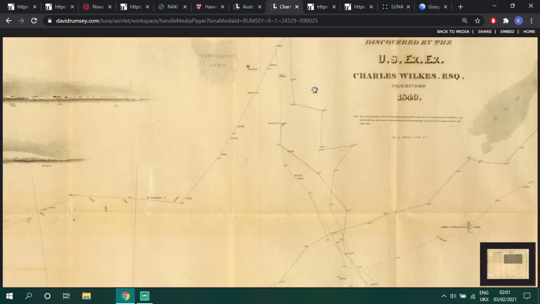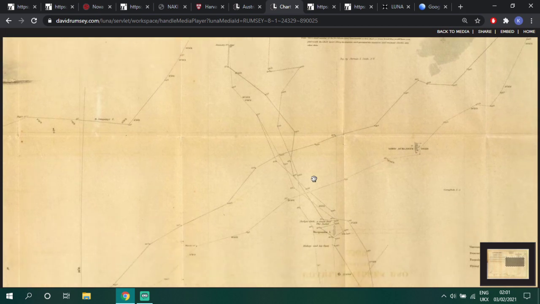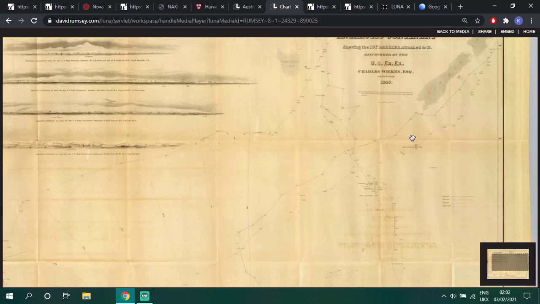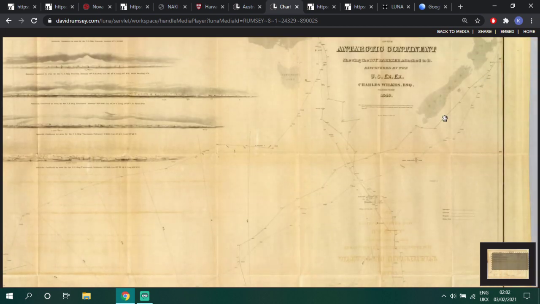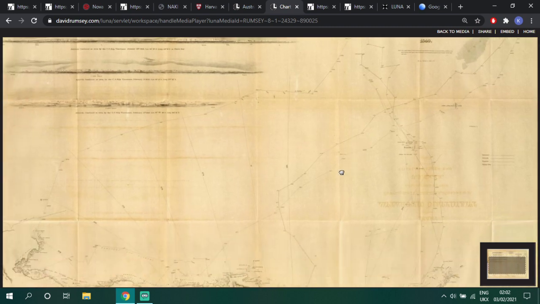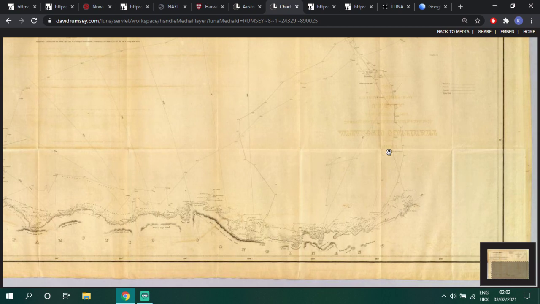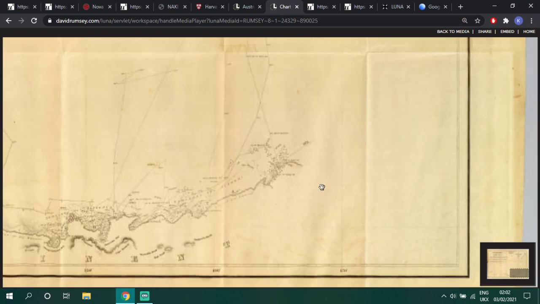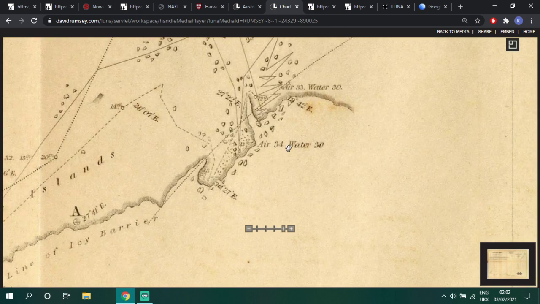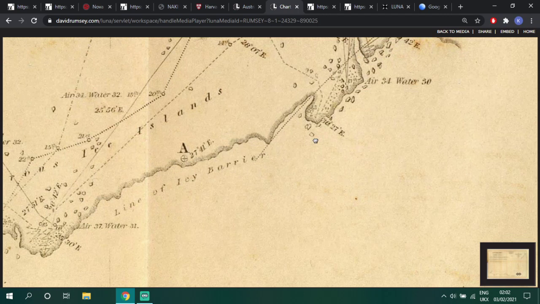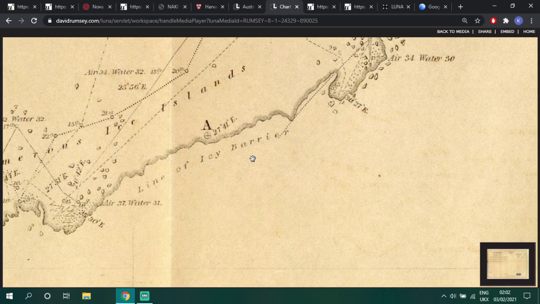And they travel down, and of course you have New Zealand over here too, so you can travel from there to there, and then they go to Antarctica, and they've mapped out quite a fair chunk of what they've perceived as a line of icy barrier.